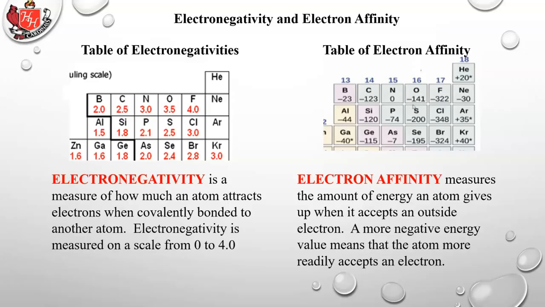So electron affinity measures the amount of energy an atom gives up when it accepts an outside electron. A more negative energy value means the atom more readily accepts the electron. So negative energy means the energy goes out when the electron comes in.